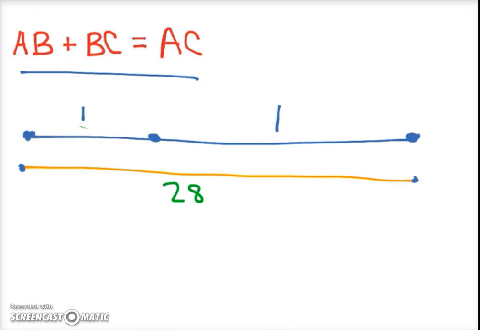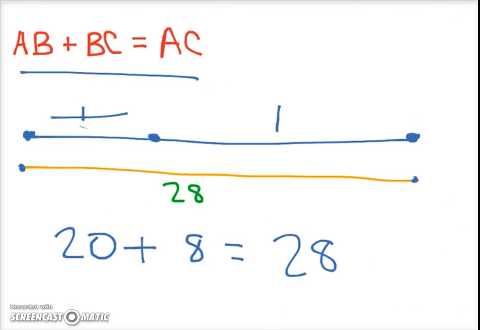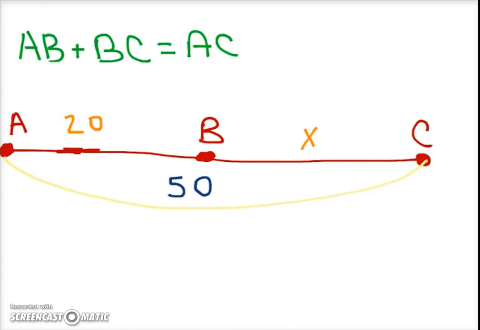Let's use our formula, AB. Let's pick a number for A to B. Let's say it's 20. What can we add to 20 to make 28? Easily you can see that it's 8. So 20 plus 8 equals 28, which is the entire line. Again, that one was pretty simple.